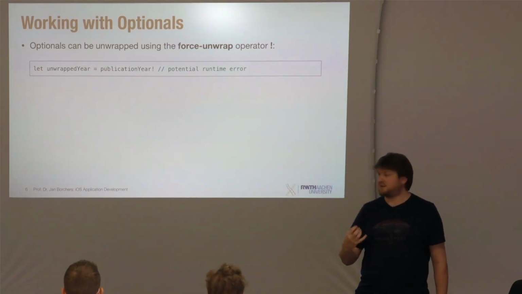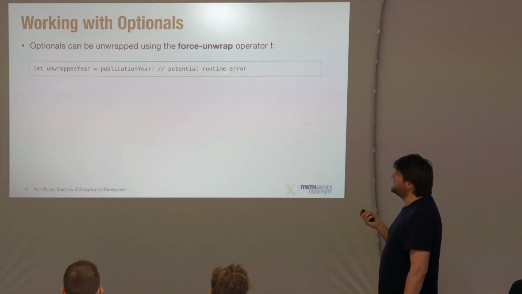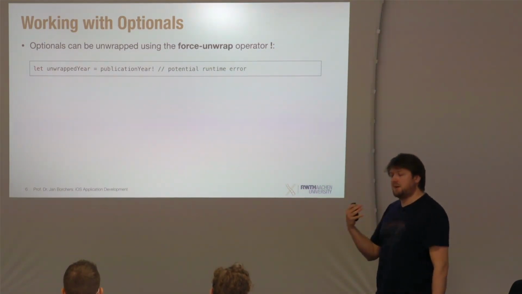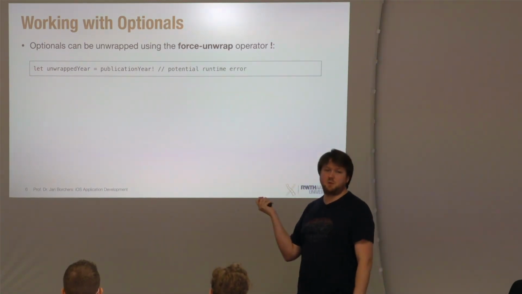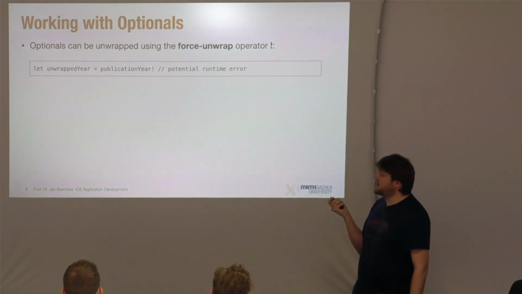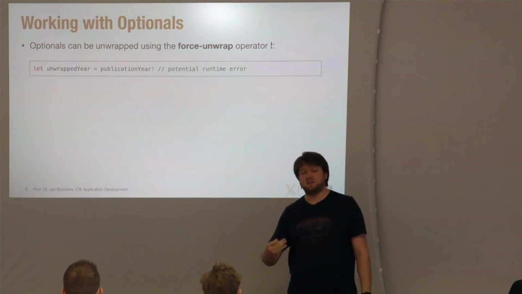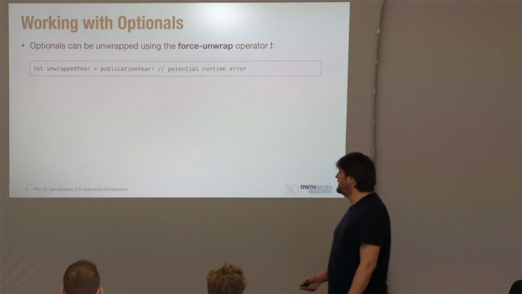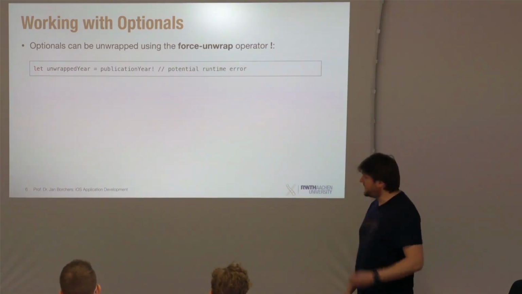I want to work with that value that is in there. But that is problematic because if the publication year is set to nil, this will crash in your code. So the force unwrapping only works if you're really sure that there is an integer in your optional, and that allows you to access that.